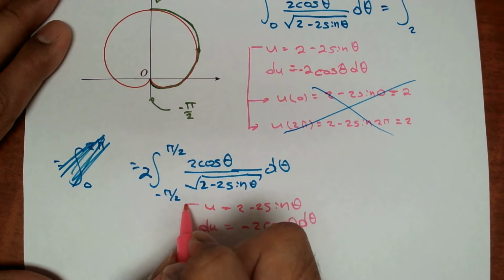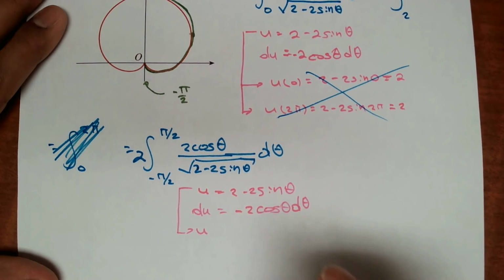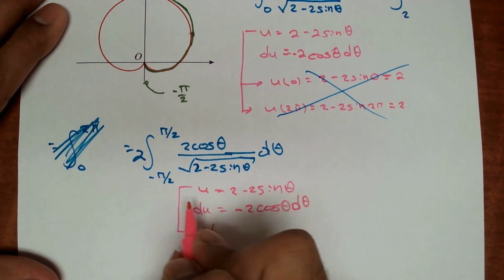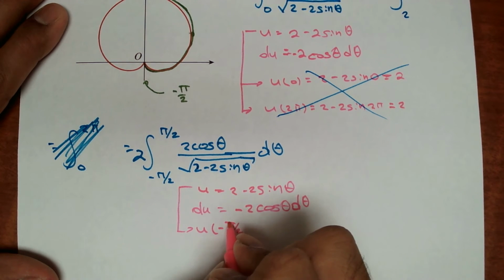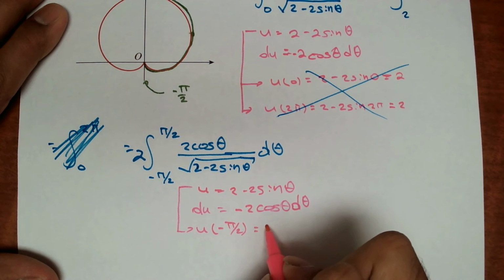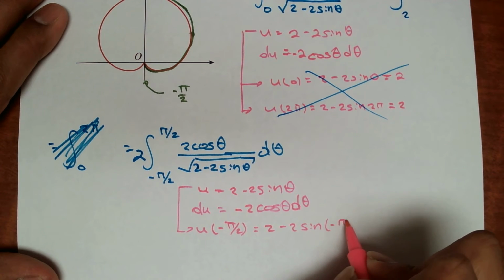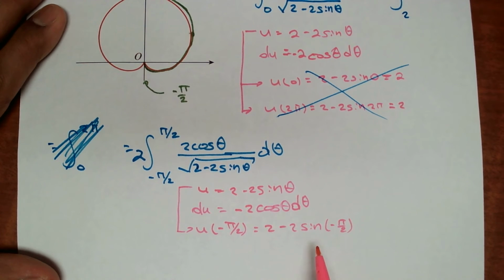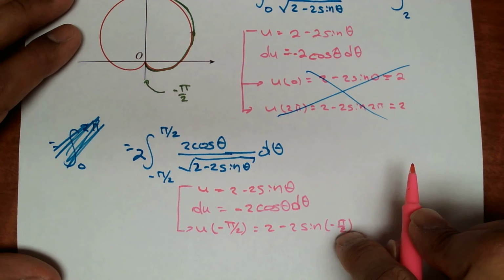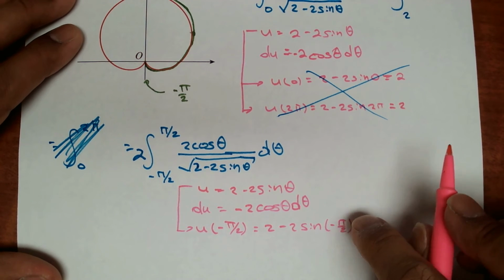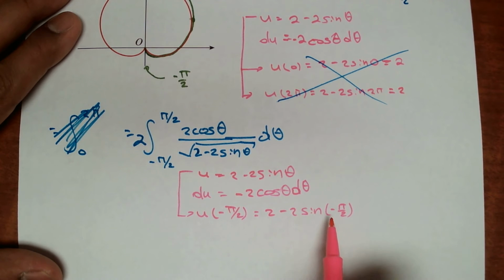And now we may evaluate. I'm going to go in slow motion here. So u at the lower limit, which is negative pi over 2, is 2 minus 2 sine of negative pi over 2. But what is sine of negative pi over 2? You might want to use the even or odd properties of trigonometric functions.